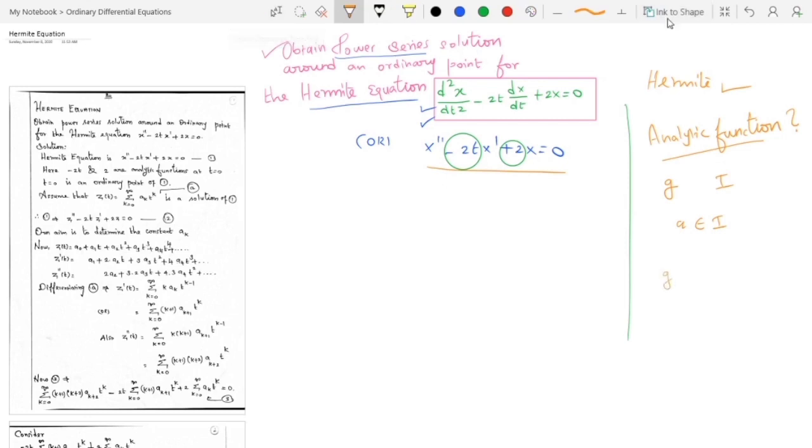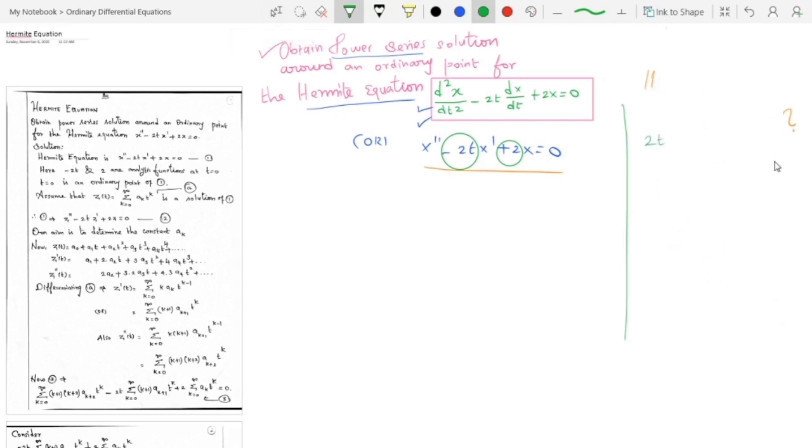That is, here the function is a function of t at t equal to a, where a belongs to I. It can be expressed in power series form, summation c_n (t minus a) to the power n, where n varies from 0 to infinity. Then we can say the function is analytic at that point. Here the given functions are minus 2t and 2, which can be expressed in power series form. Therefore, both are analytic at the point t equal to 0.